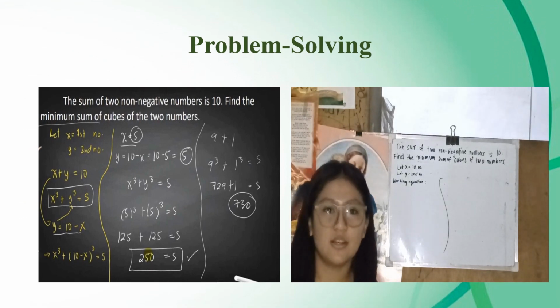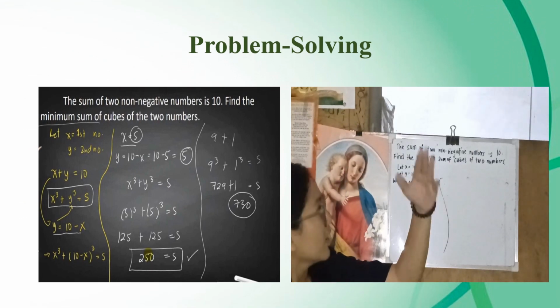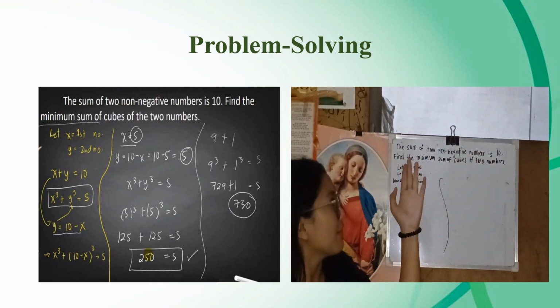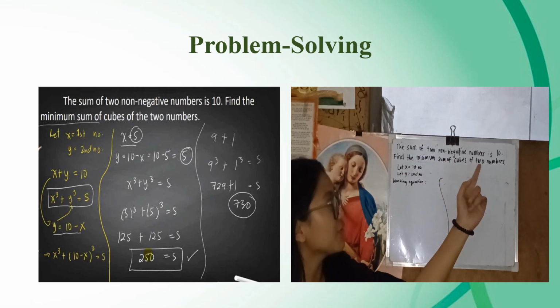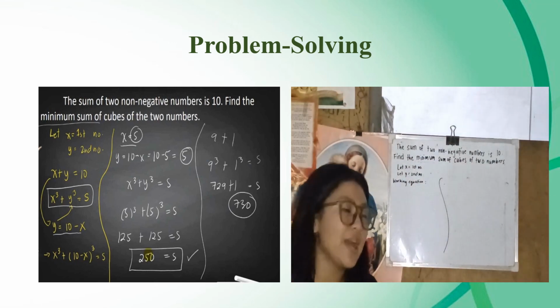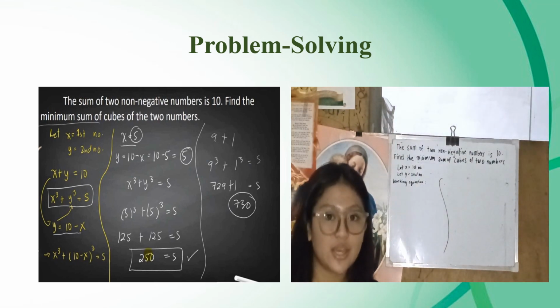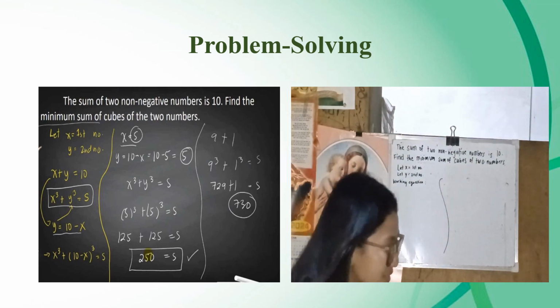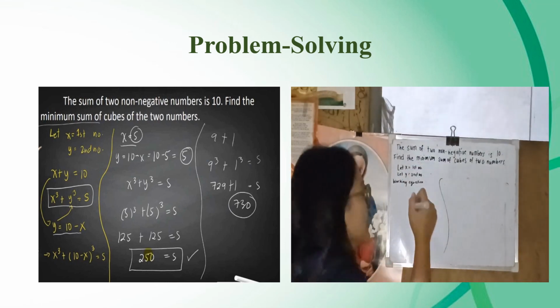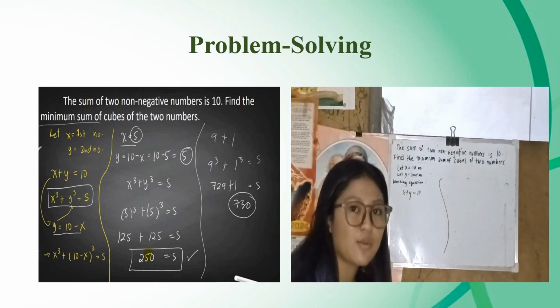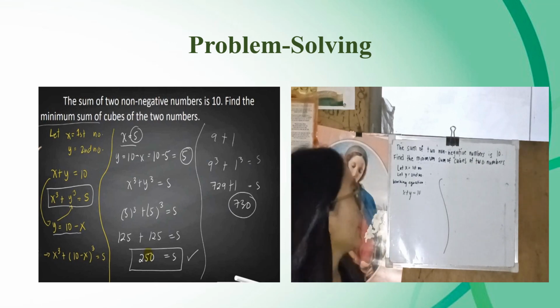So this is our second example. Our second example is: the sum of two non-negative numbers is 10. Find the minimum sum of cubes of the two numbers. So same as last time, let x be the first number and let y be the second number. Then let us identify our working equations. So first, we still use x plus y equals 10, but this is not the main equation we will use.